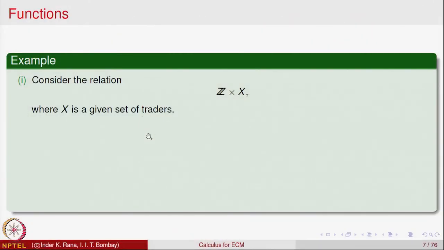So, let us continue the study of functions, the definition of a function. So, consider the relation Z cross X, where X is the given set of traders.